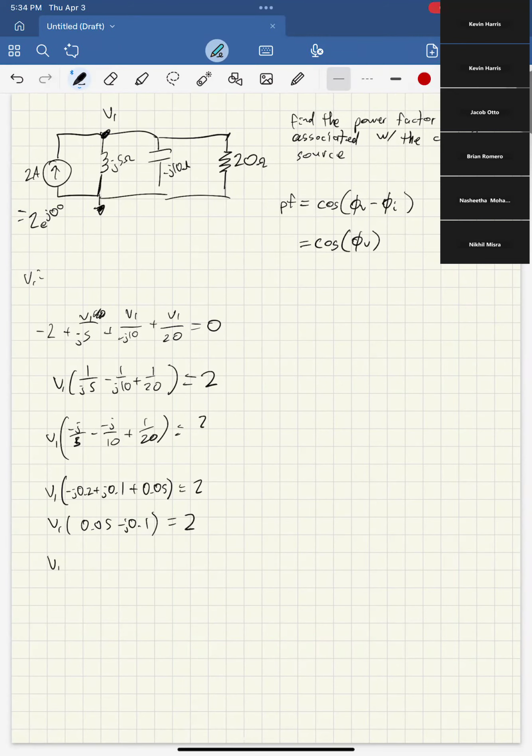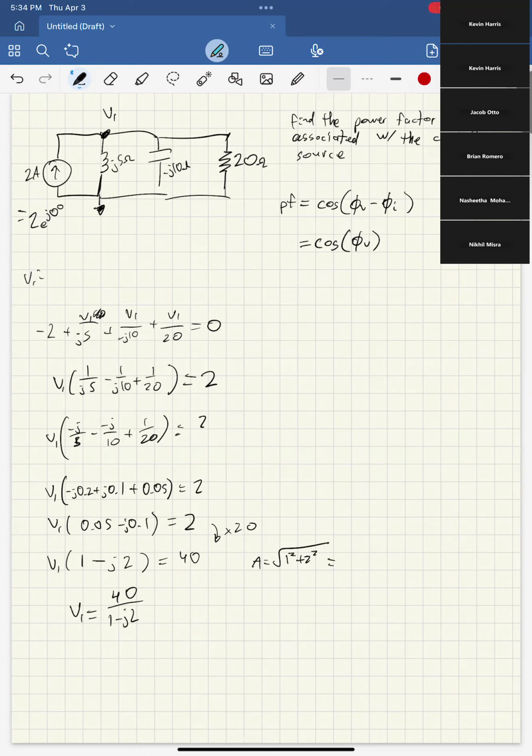I'll do what they do here because it makes it look nicer. If you multiply everything by 20, we get V1 times (1 minus j2) equals 40. And then V1 equals 40 over 1 minus j2. For 1 minus j2, the magnitude is going to be the square root of 1 squared plus 2 squared, which is the square root of 5, right?